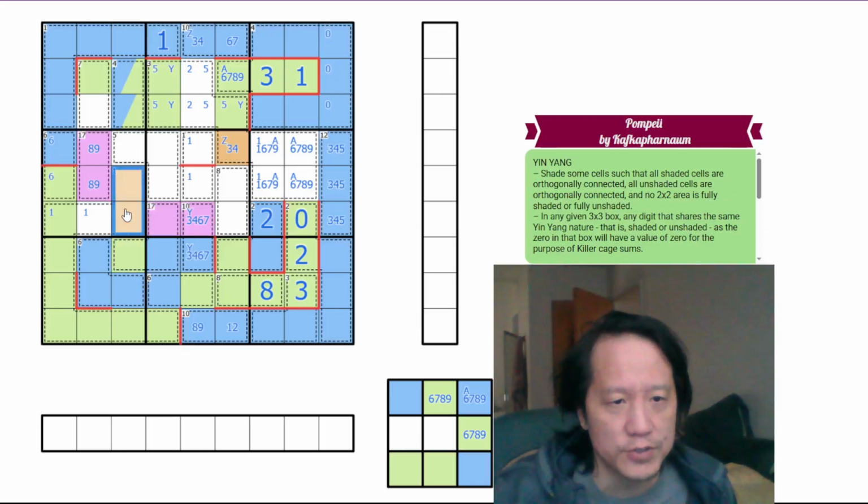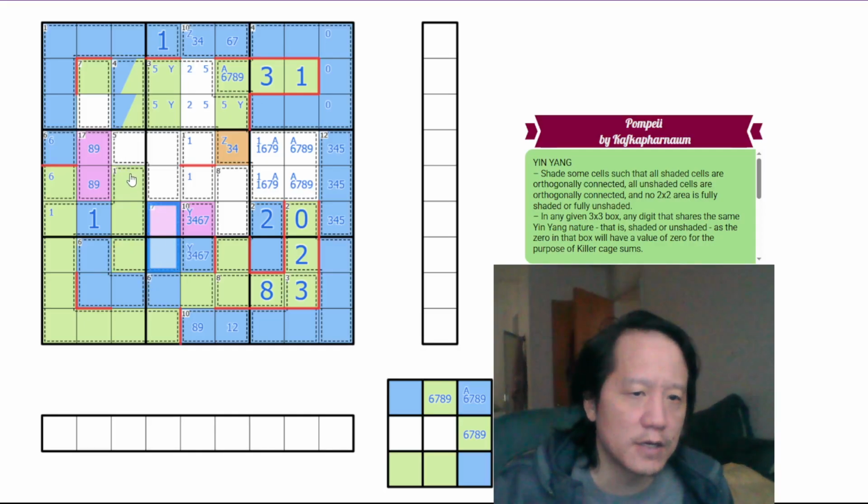Green would have to go this way, so then this to be orthogonally connected. So this would be green, which means 1 would have to be here. And it would be blue. Because green has to have value of 0 because it has to go this way. This would have to be an 8-9 pair.